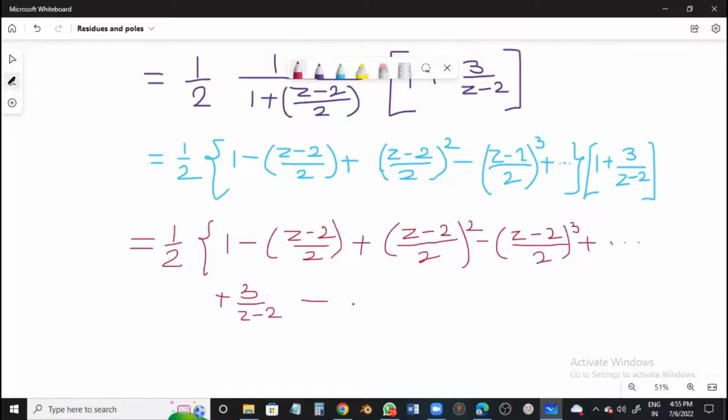Now minus Z minus 2 is going to get cancelled, and I'm just left with 3 by 2 times 1. Then this is plus 3, and the denominator is 4, so 3 by 4 times single Z minus 2.